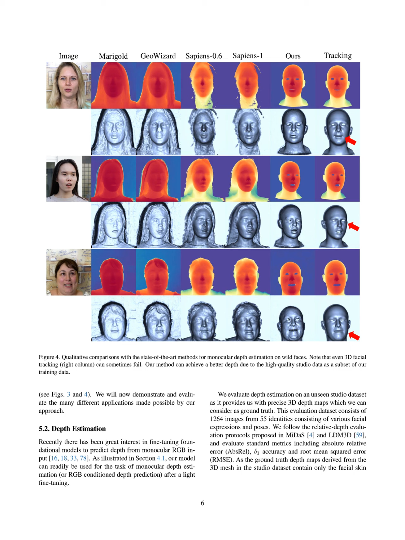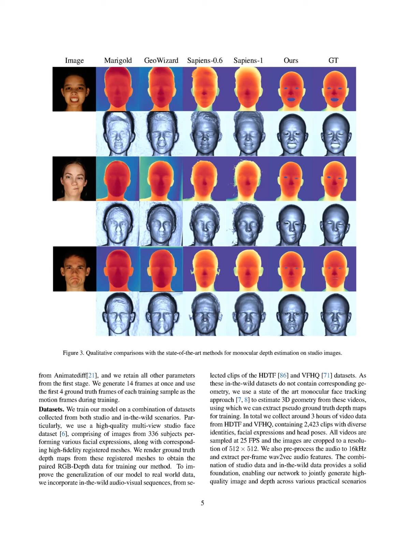In terms of image manipulation tasks, we demonstrated the ability to generate RGB images conditioned on depth maps, showcasing the model's effectiveness in maintaining identity and producing photorealistic results. The combination of studio and in-the-wild data allowed our model to generalize well across various practical scenarios, as confirmed by both qualitative and quantitative results.